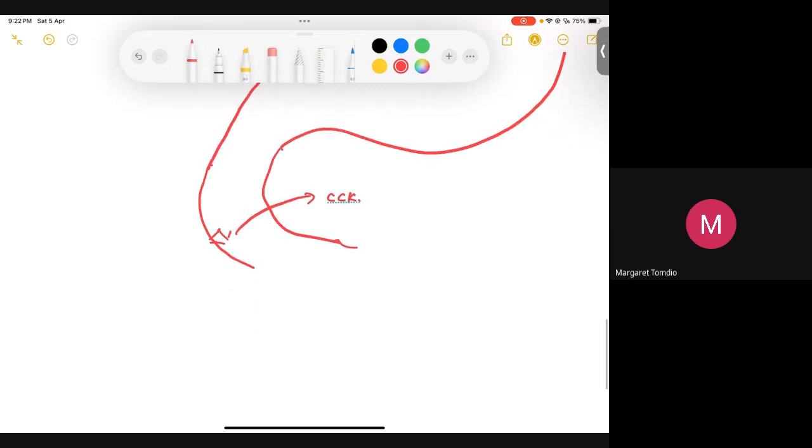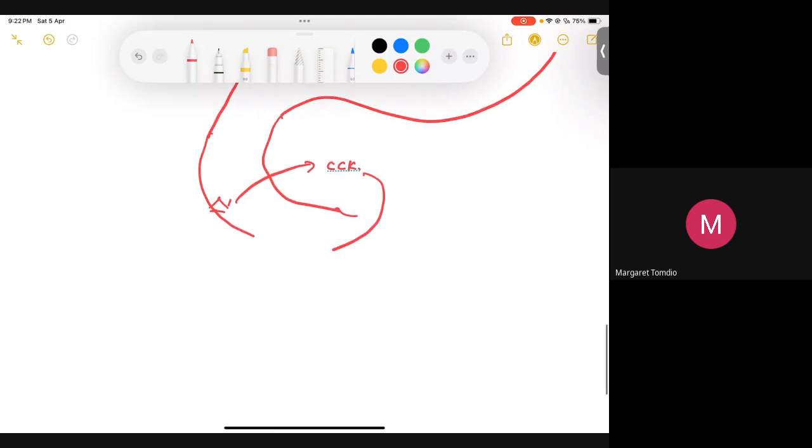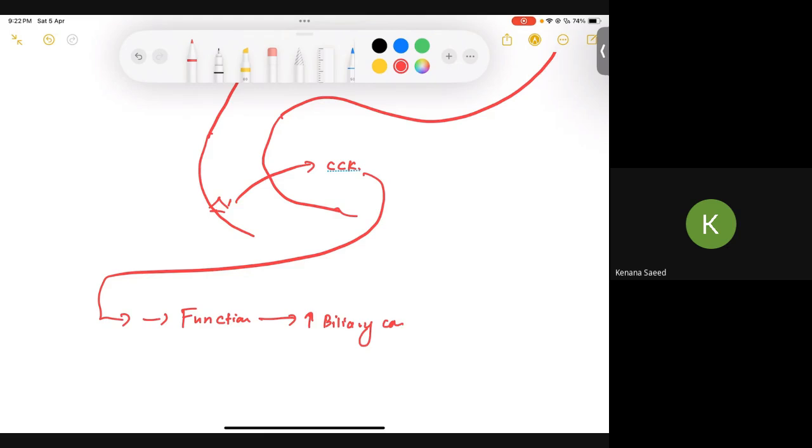What are the functions of CCK? Most of you are aware of that. Gallbladder contraction. Perfect. First of all, it would increase biliary contraction. If the biliary contraction is increased, it means it would increase the release of bile into the duodenum.